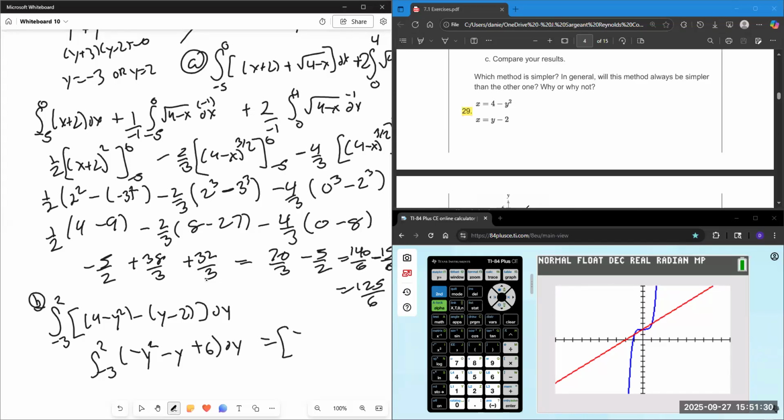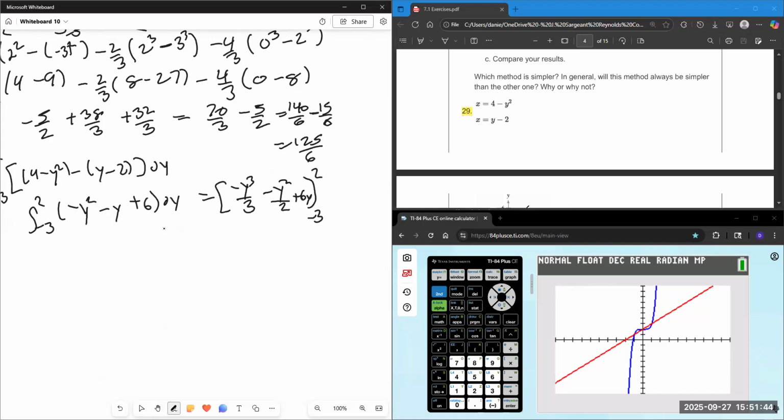That is negative y cubed over 3 minus y squared over 2 plus 6y from -3 to 2. That is -8/3 minus 2 plus 12, minus 27 over 3 minus 9/2 minus 18.